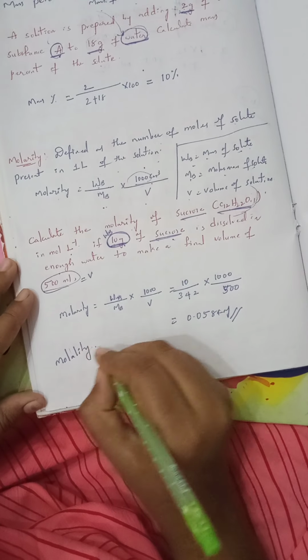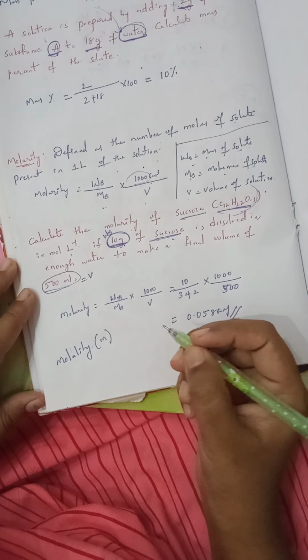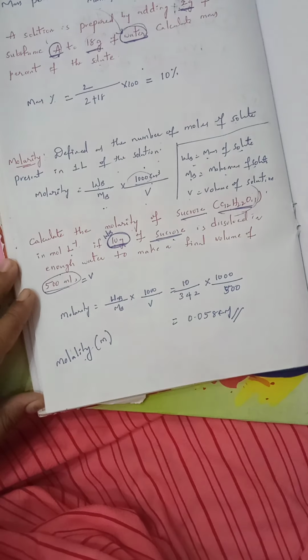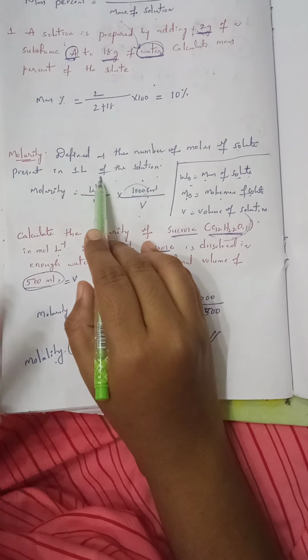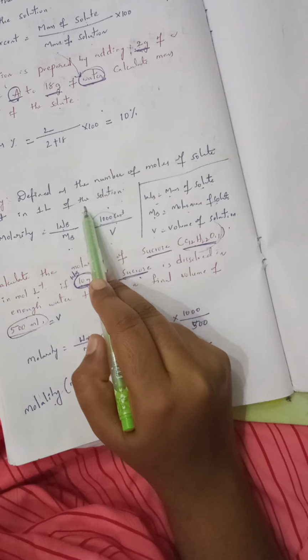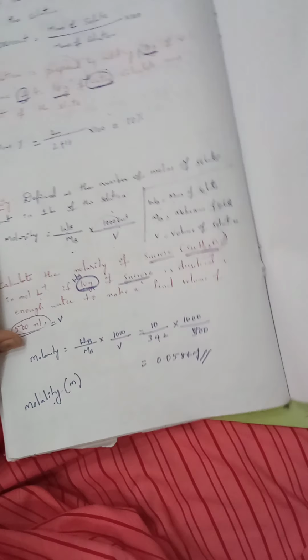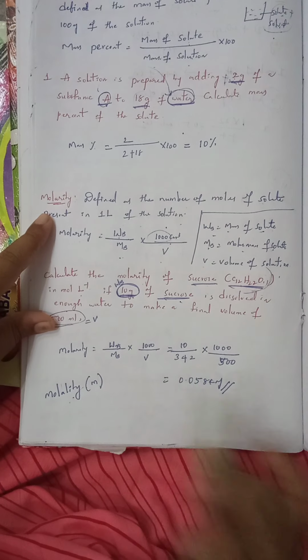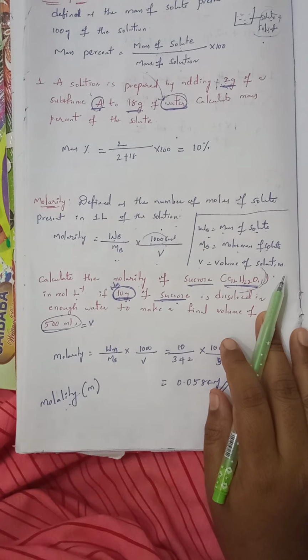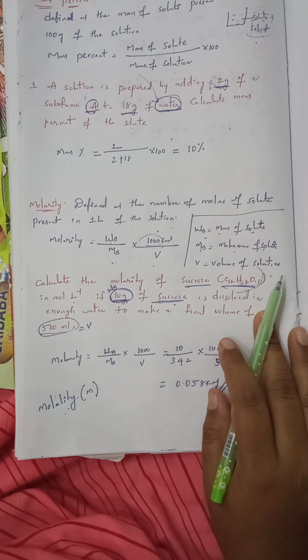Molality is indicated by small m. Here we have taken 1 liter of solution for molarity and 1 kg for molality. By using that we can easily find out the molality of a solution.